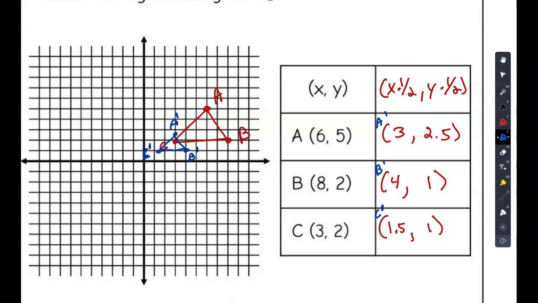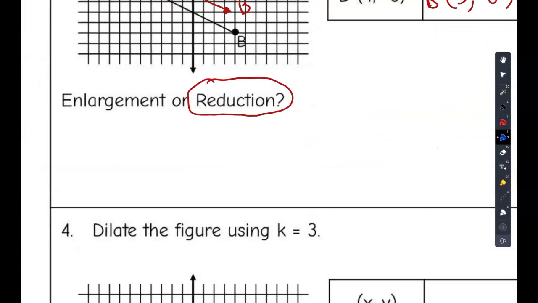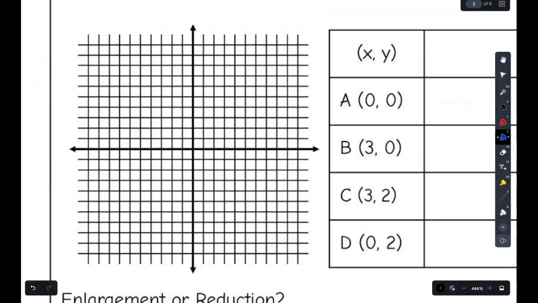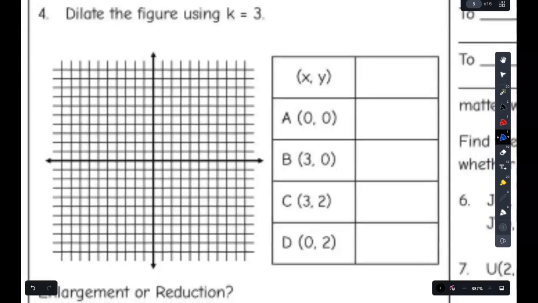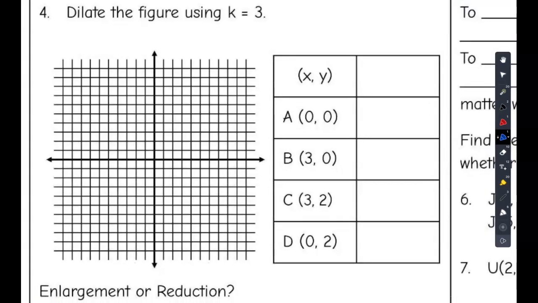All right, let's take a look at another one. All right, here we got a figure. We're going to use the scale factor of 3, which means we're going to multiply it.